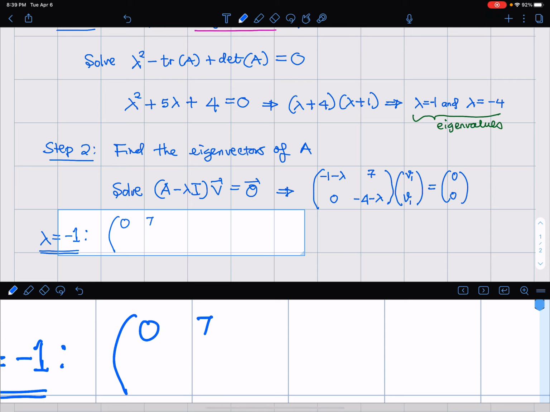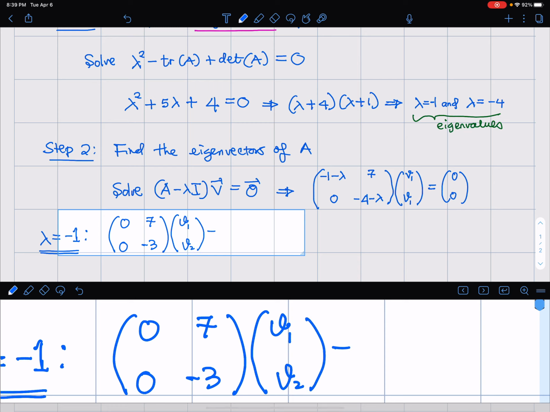Then we have 7, and then 0 here, and then negative 4 minus negative 1, which is negative 3. So we have the matrix times v1, v2 equal to 0, 0.